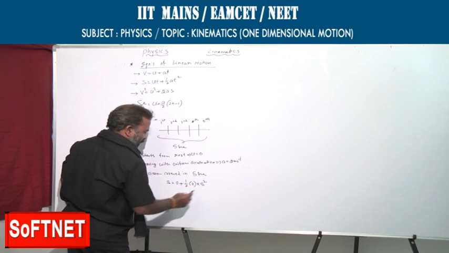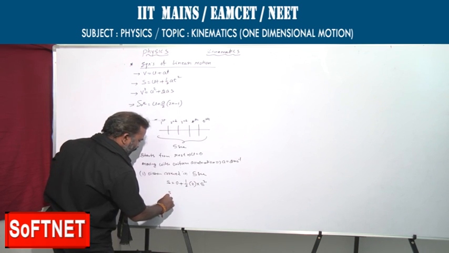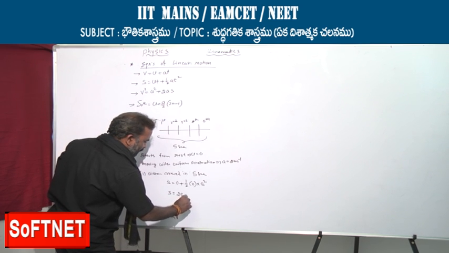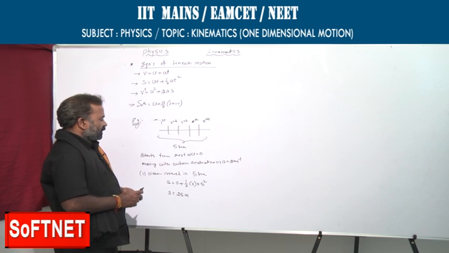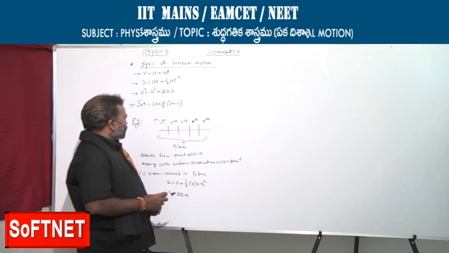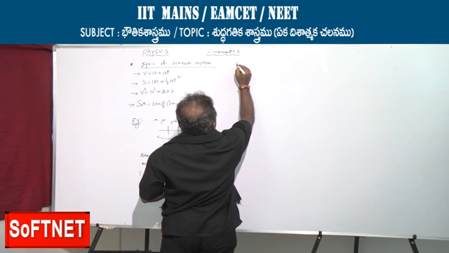So it is 5 square. So distance covered will become 25 meters. This is the total distance covered in 5 seconds. If I want the distance in the second bit, we will do it.